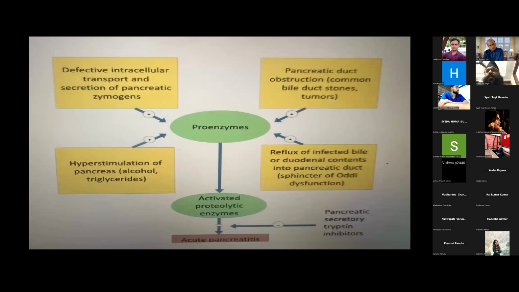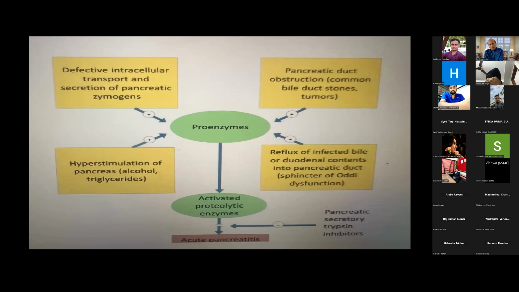Whenever there is autodigestion, our immune system gets activated to clean up this debris. In this process of cleaning up, our inflammatory cells release many cytokines. These cytokines are released into the circulation, causing capillary leakage, decreased effective circulatory blood volume, causing hypotension, and finally leading to multi-organ dysfunction and death.